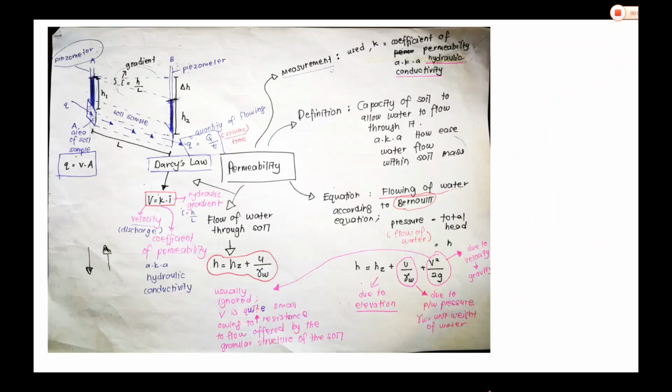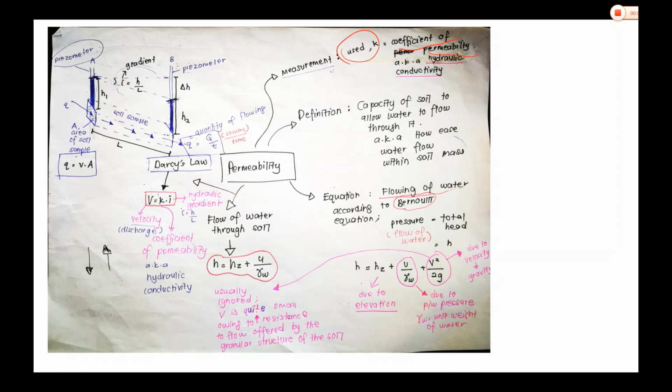K. So what is K? K adalah coefficient of permeability, ataupun hydraulic conductivity. Certain books they guna term hydraulic conductivity, but the definition is the same. K is the coefficient of permeability, K also the hydraulic conductivity.